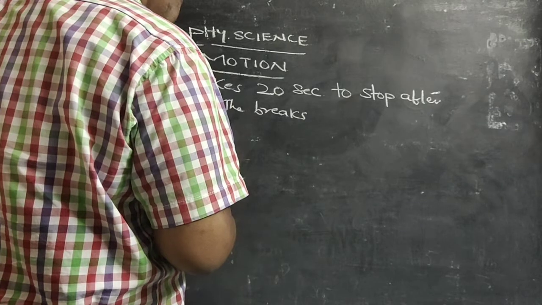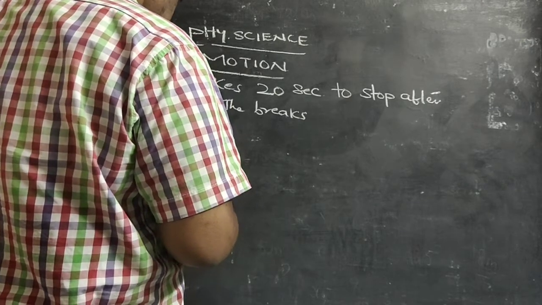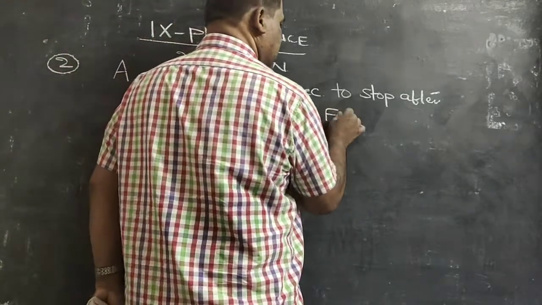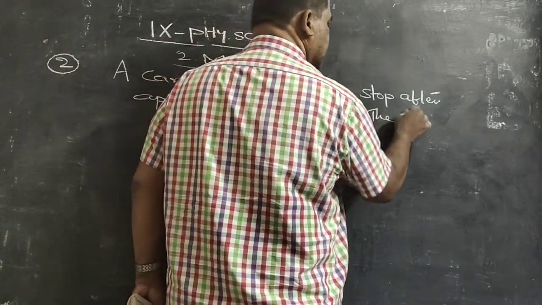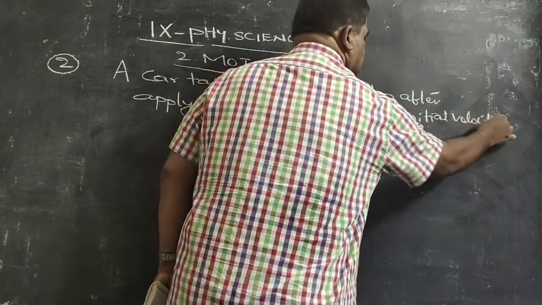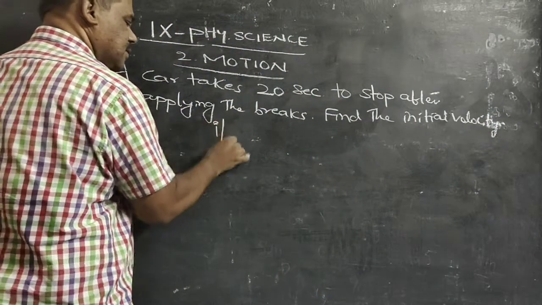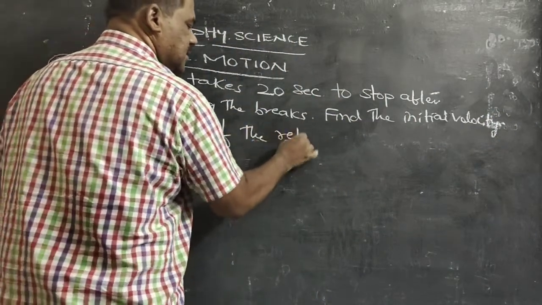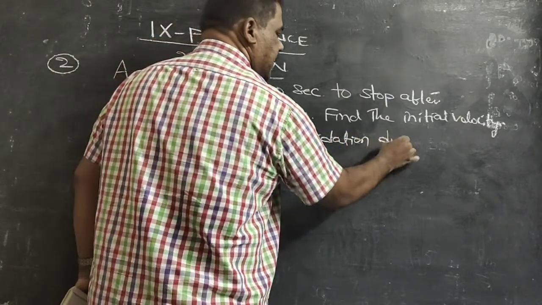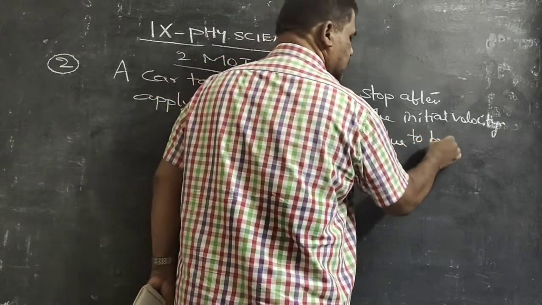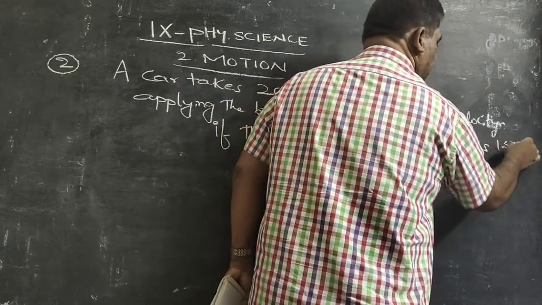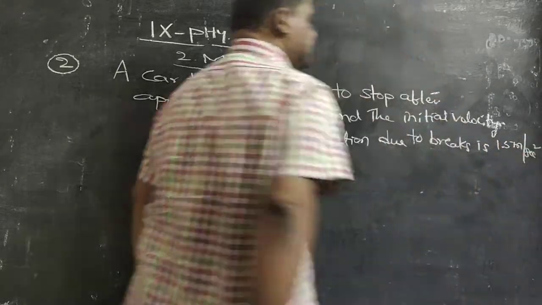Find the initial velocity if the retardation due to brakes is 1.5 meters per second square.